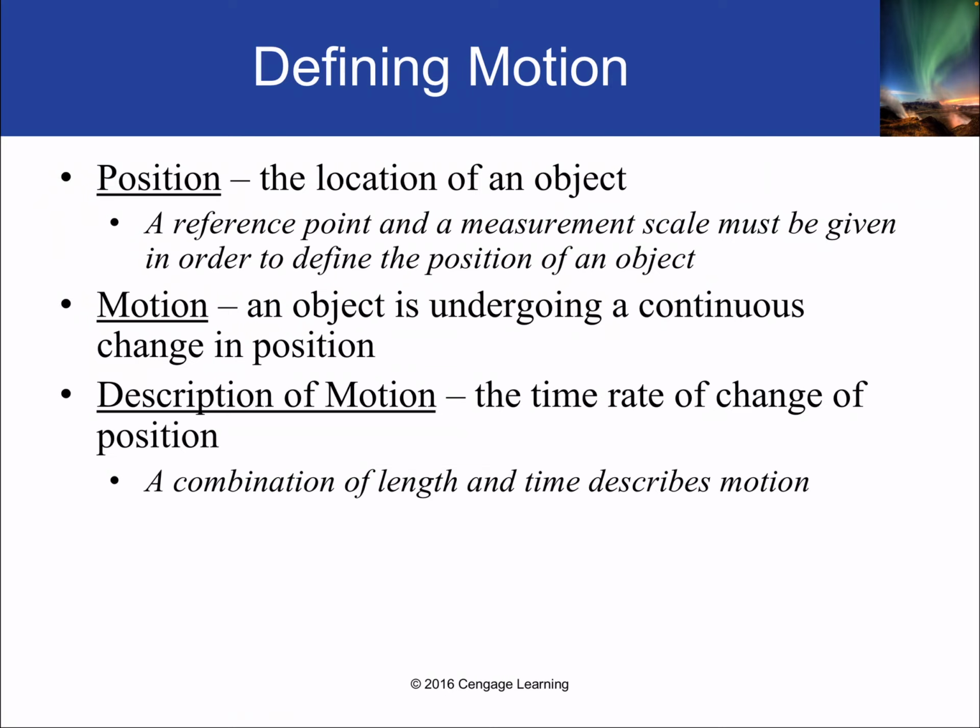Now, if something's in motion, it's continually changing its position. So when you start to describe motion, you're describing motion as the time rate of change of position. Basically, you have a combination of length and a combination of time to describe motion.